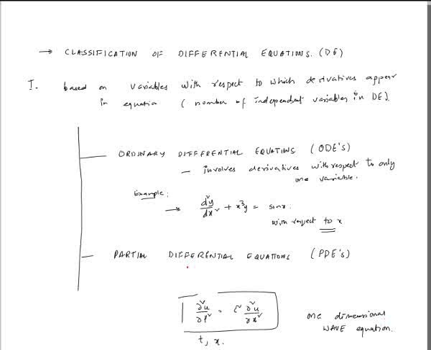So you can say the partial differential equations are the ones which involve partial derivatives of the unknown function. The unknown function is what you need to find when you want to solve, so I'm calling it the unknown function or the dependent variable y. Here it is u in the example I gave you for the PDEs. So it involves partial derivatives of the unknown function with respect to more than one variable. So here you have time and x.